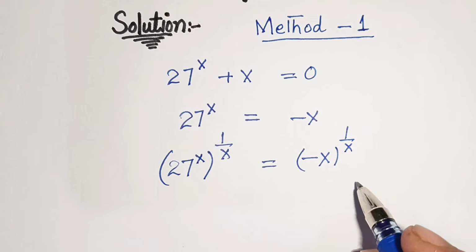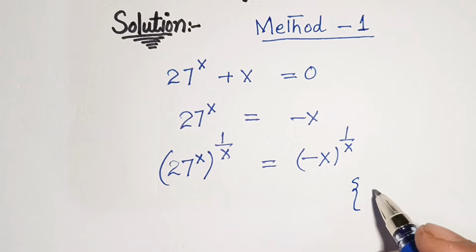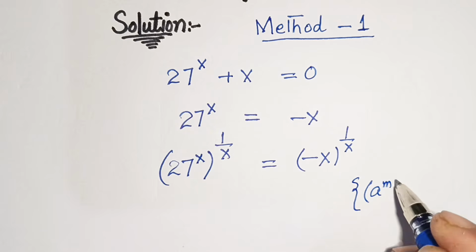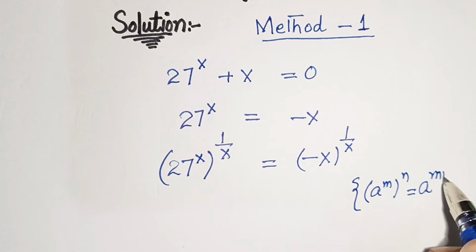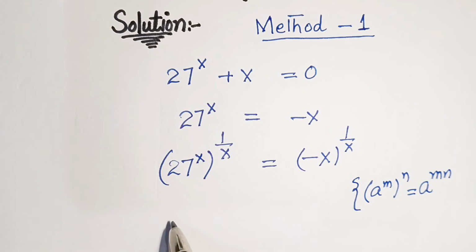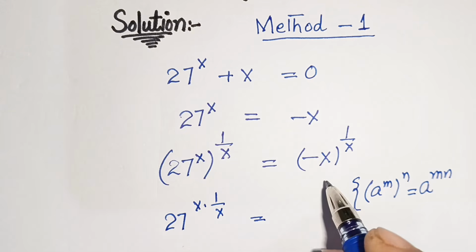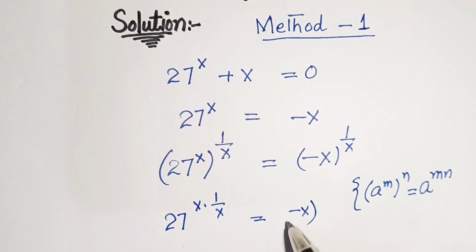Now as we know, by the exponential identity, if we have a to the power m whole to the power n, then it is equal to a to the power m times n. So applying this identity here, we will get 27 to the power x times 1 over x, and is equal to minus x to the power 1 over x.